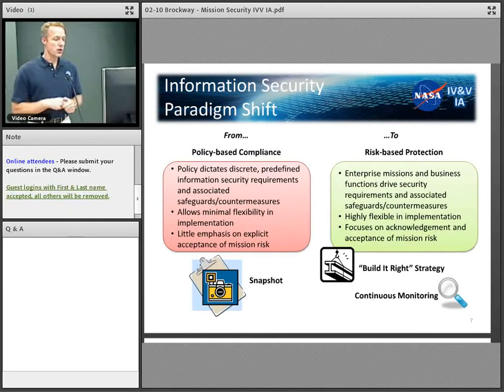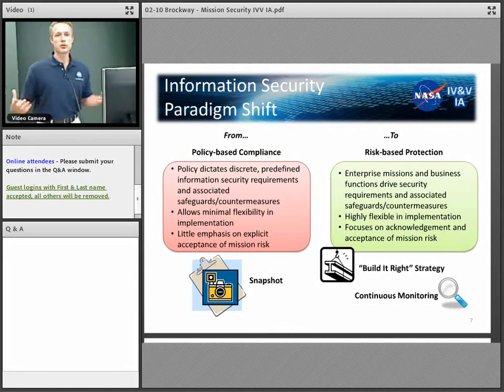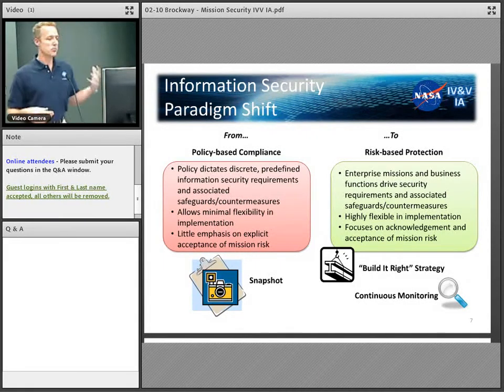Certainly, an ultimate goal is a build it right strategy. So you want to build in security from the get-go. And beyond this being a construction icon here, it's an I-beam, and what's glaringly obvious is that it's an I. So what I like to emphasize to the stakeholder community, particularly the program managers, is: what can I do in establishing the baseline for security, building security in, and enforcing the developers to deliver a product that meets those security requirements?